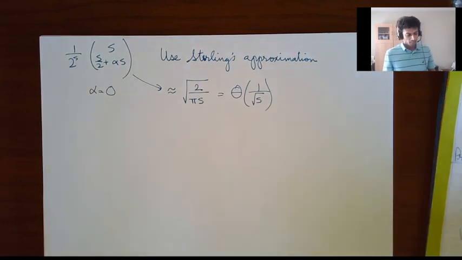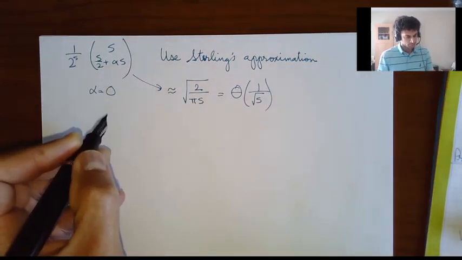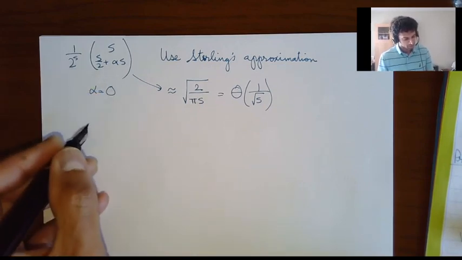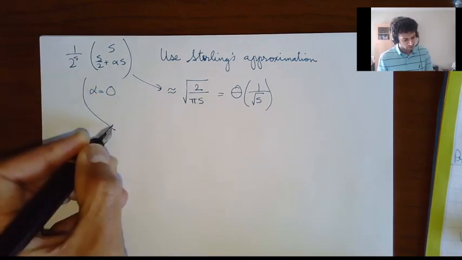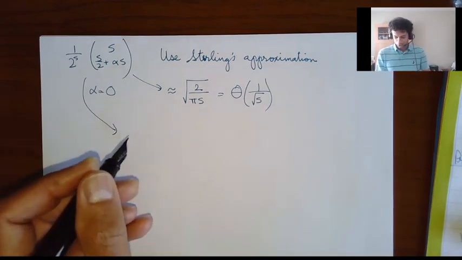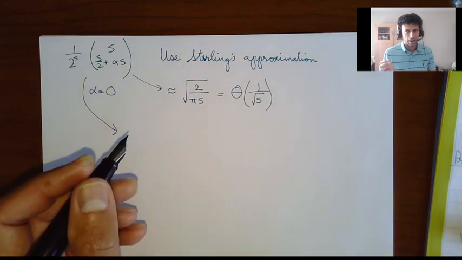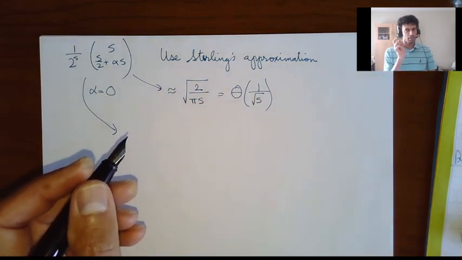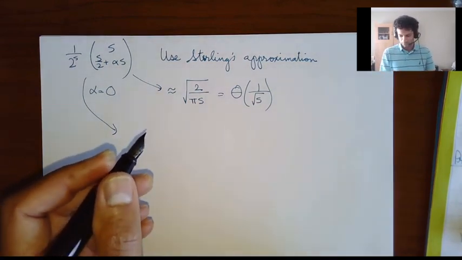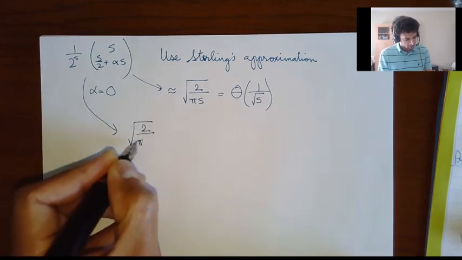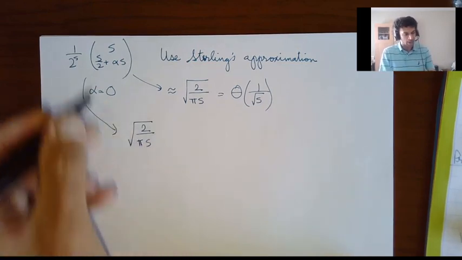Indeed, using Stirling's approximation, you can show this. I'm going to write down an expression. This is approximate, and I don't want to worry about the constants. Again, scribe, using Stirling's approximation, you figure this out. So this is in some sense what it is when alpha is equal to 0.